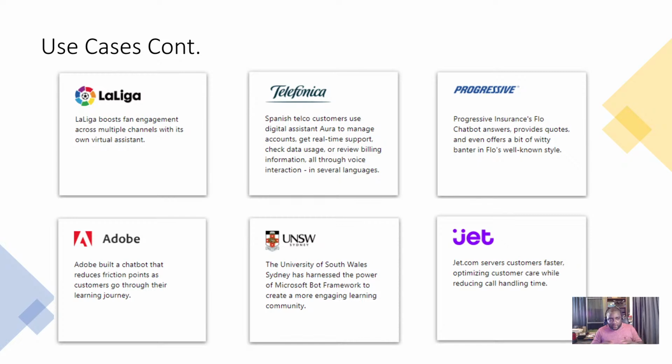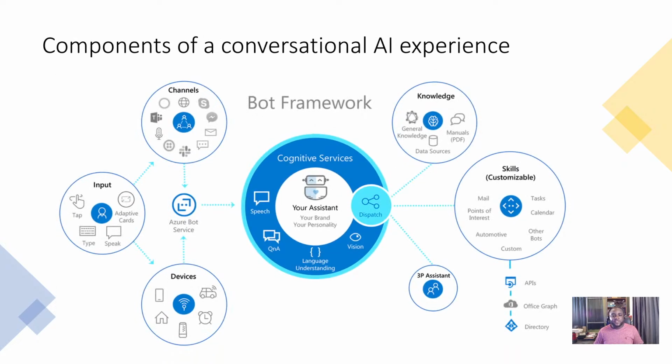So what are some of the components of this conversational AI or the Bot Framework? I'm going to share that with you now. As you can see, the Bot Framework has different components. You have the channels like Teams, Skype, Twitter, Slack, Alexa, email, chat. Those are channels that you can integrate your bot into. Then you have inputs: if you have a touch-enabled device, you can tap, you can use adaptive cards, you can type, you can speak.